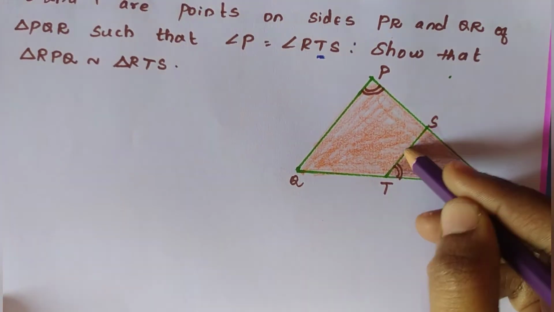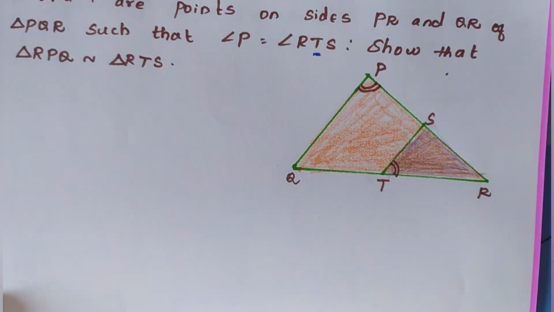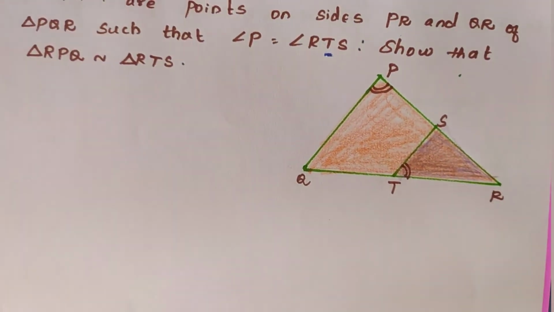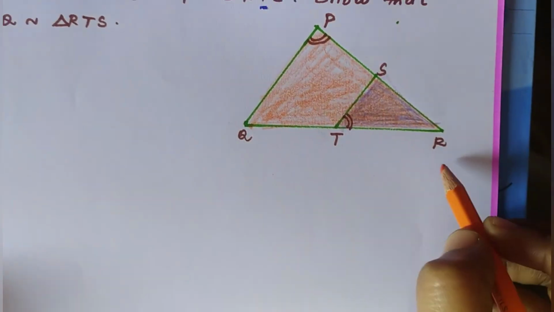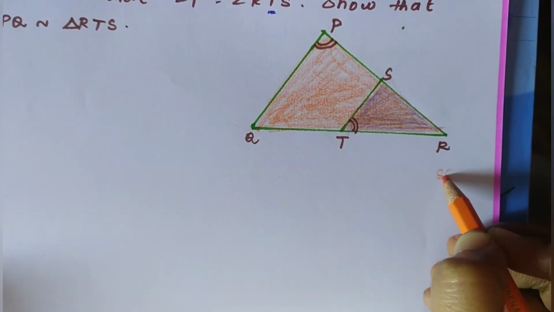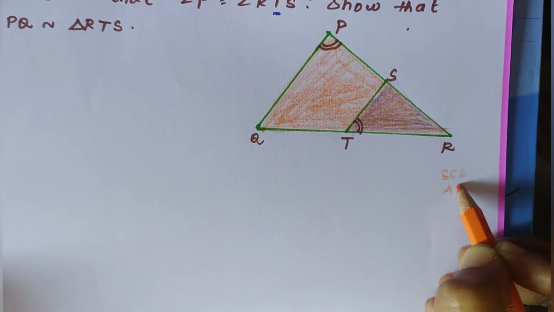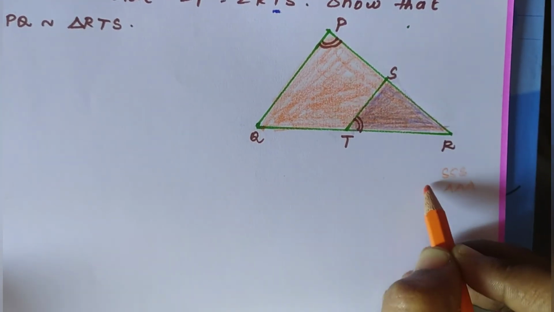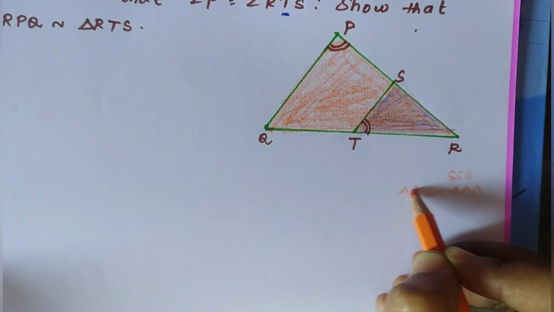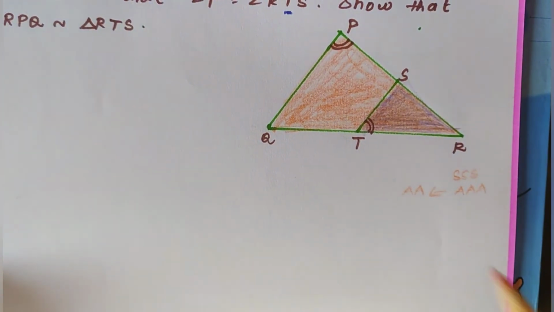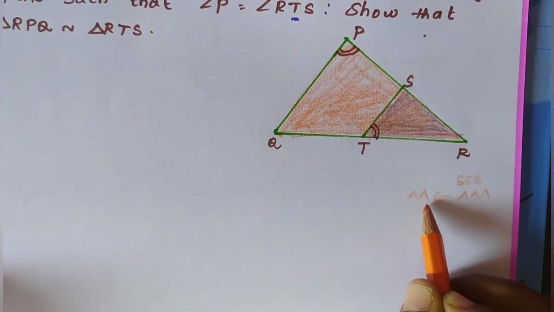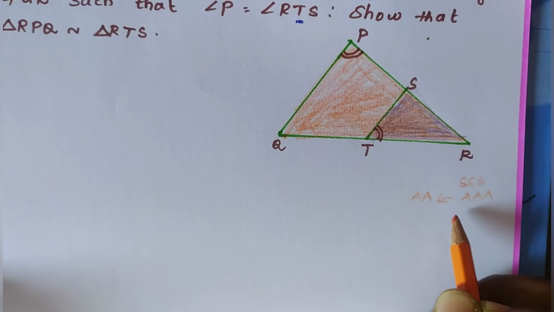How can we prove these two triangles are similar? By the following similarity criterion, that is SAS or AAA, or otherwise the AA criterion also we can use. If two angles of the triangles are equal, the third angle is obviously equal.